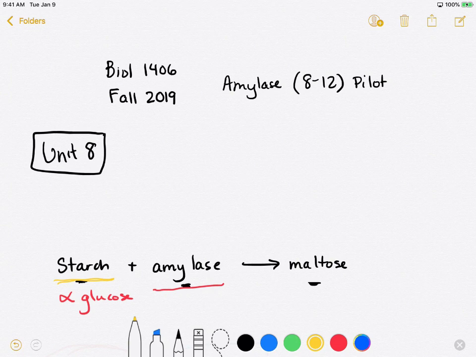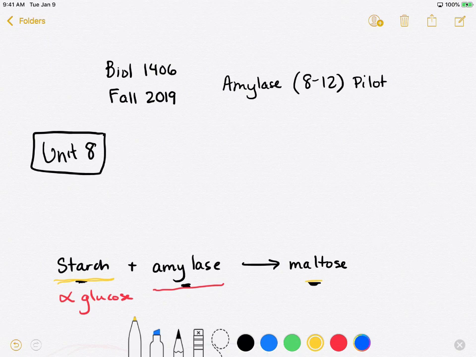We could take that substrate, starch, and expose it to the enzyme amylase. Amylase, remember, is a protein enzyme that speeds up reactions. And what amylase could do is it could break down the alpha glucose linkages in starch into our product of maltose. This was the reaction that we looked at quite a lot previously to Unit 8.